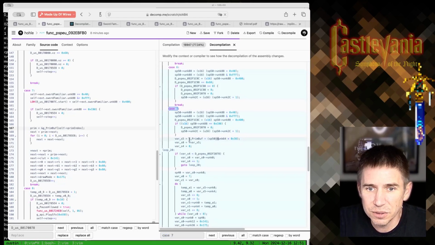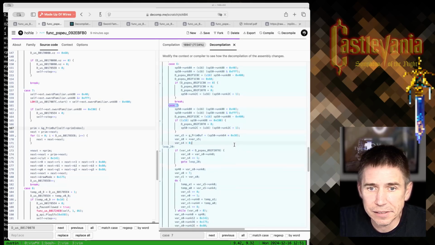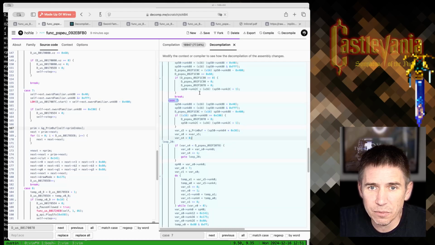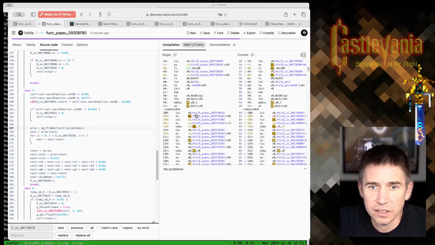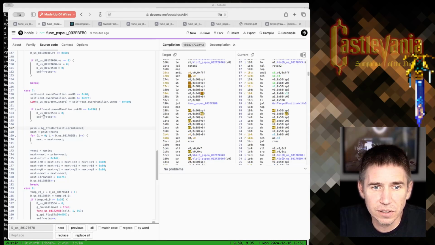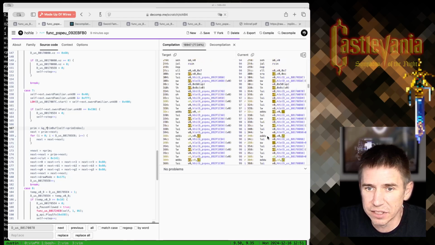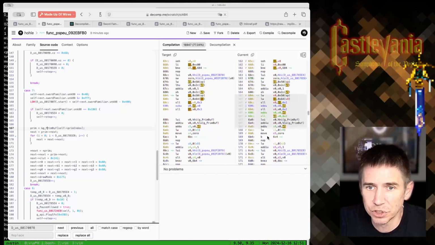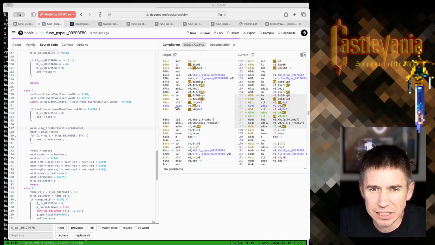And yeah, there's no sign of subtraction here. So I'm really not sure what would cause any of this to generate a subtraction instruction.